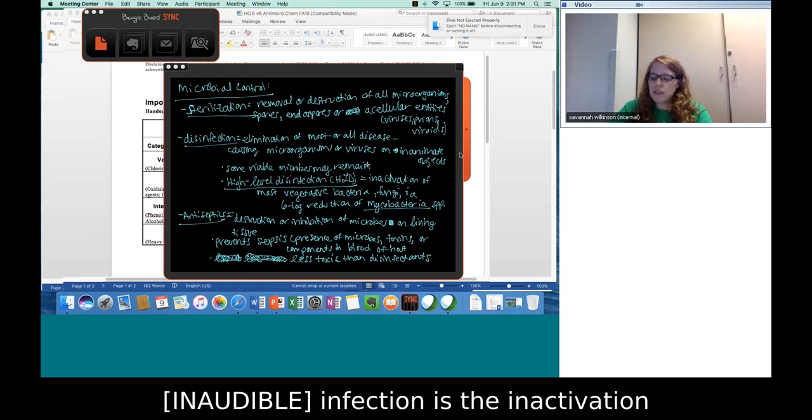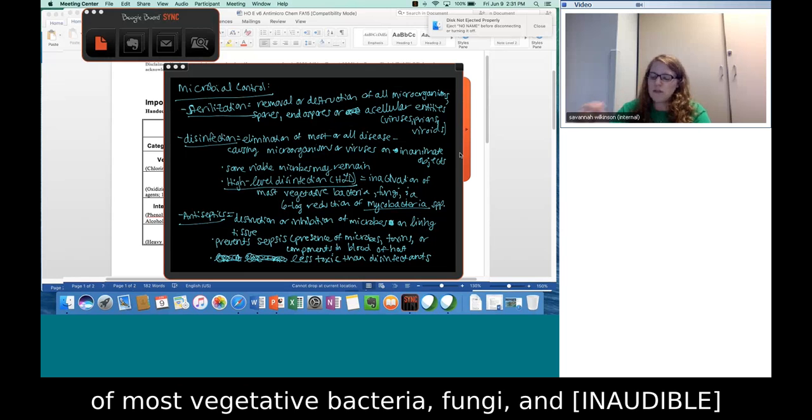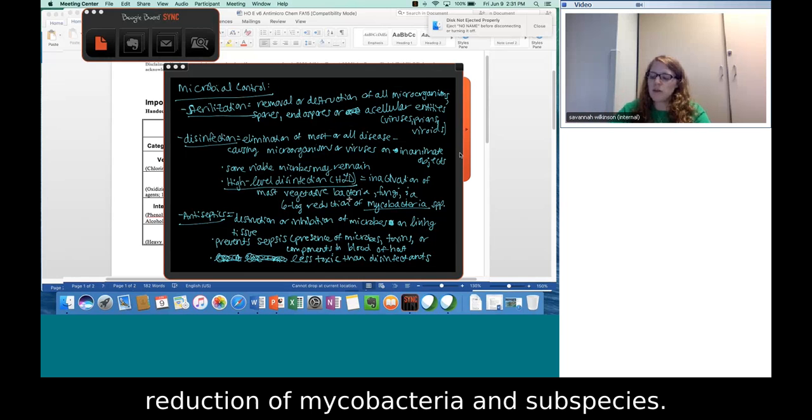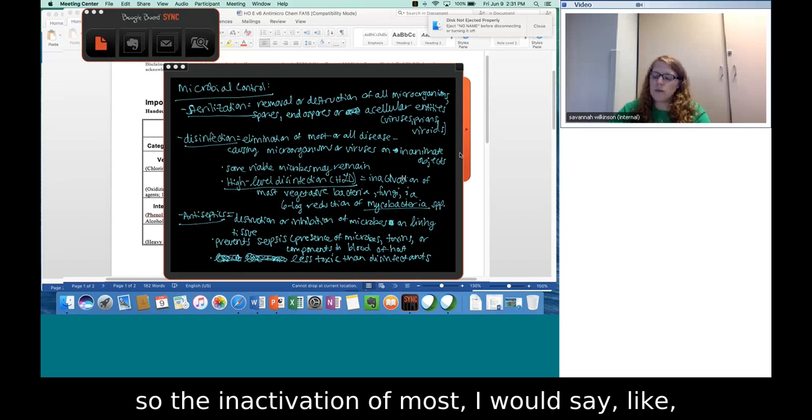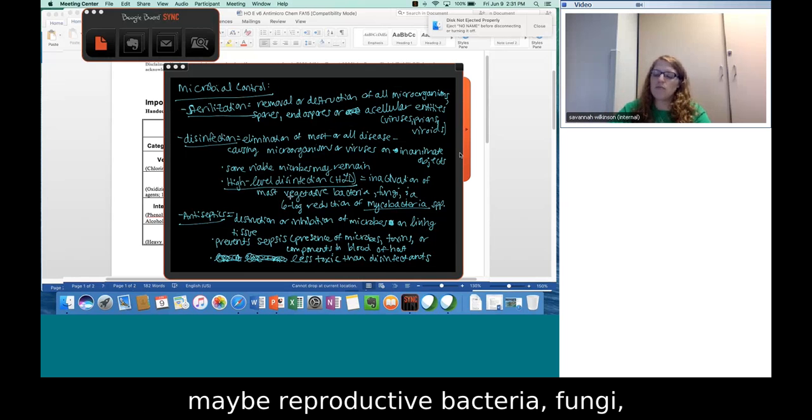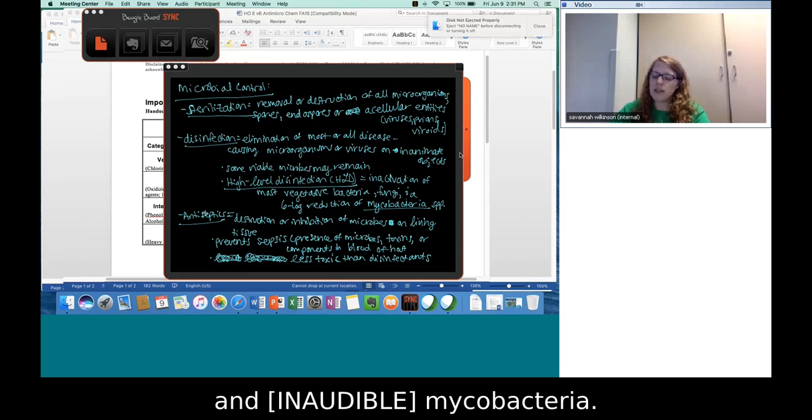High-level disinfection is the inactivation of most vegetative bacteria, fungi, and a 6-log reduction of mycobacteria subspecies. So vegetative is usually relating to growth. So the inactivation of most, I would say, like maybe reproductive bacteria, fungi, and 6-log reduction of mycobacteria.